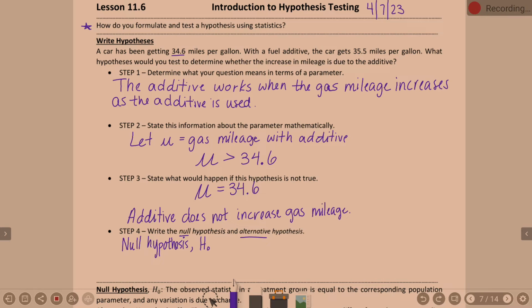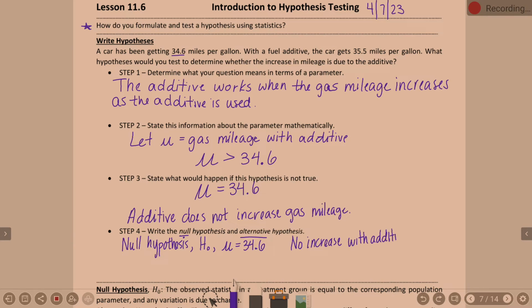And in this case, the idea of the null hypothesis is, okay, if nothing changes, what are we already at? And so that is the idea of mu, the mean, is equal to 34.6. So that is my null hypothesis. And that is the idea that, if you want the description out here, there is no increase with the additive.